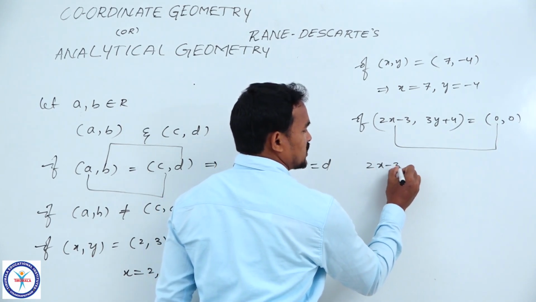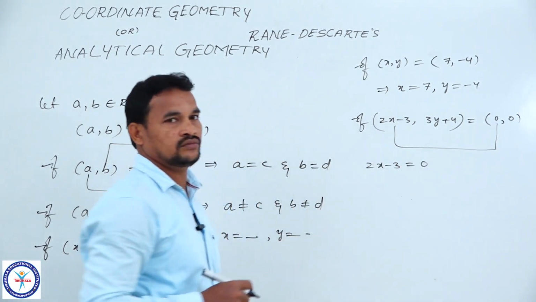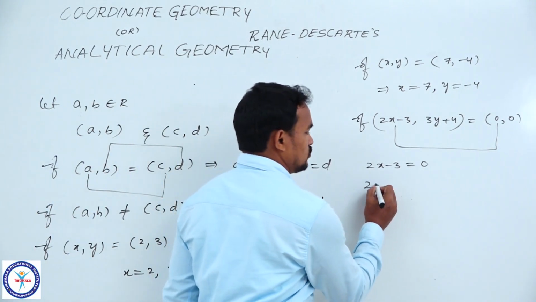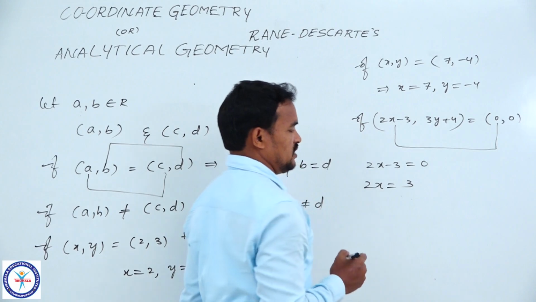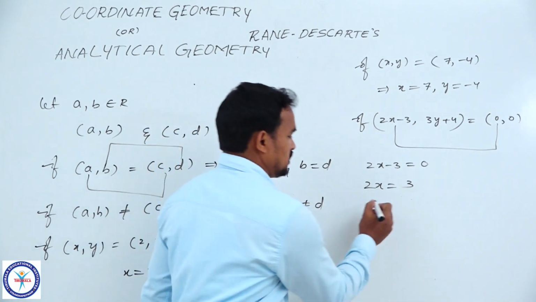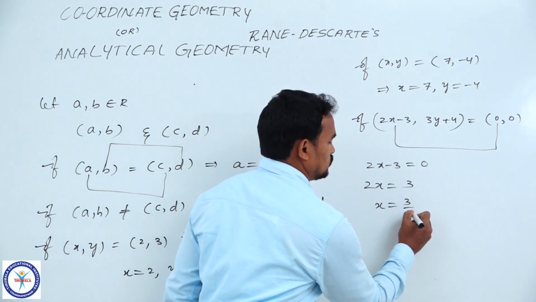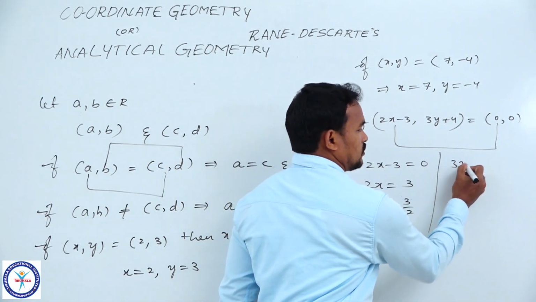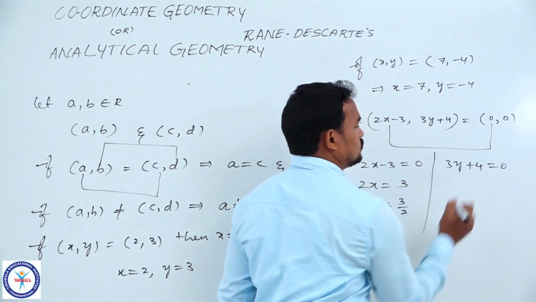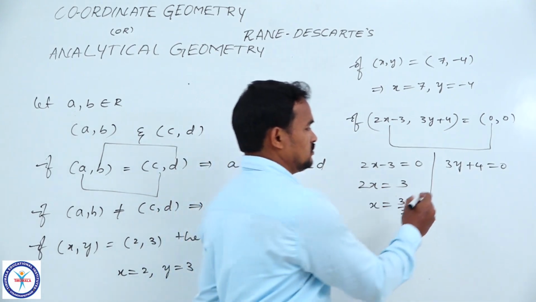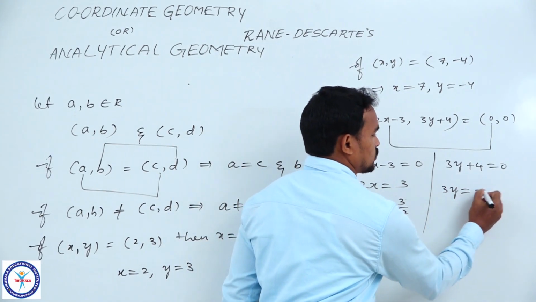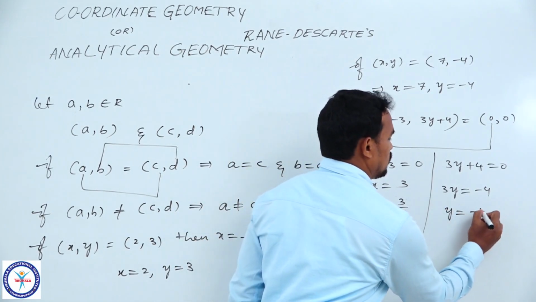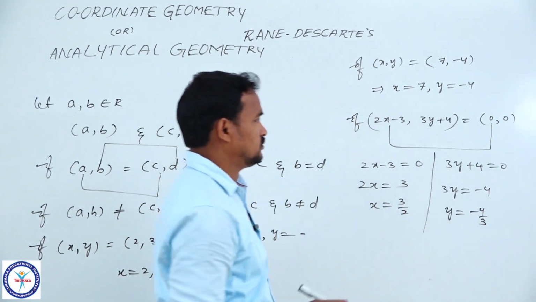So 2x minus 3 equals 0. Taking minus 3 to the other side, 2x equals 3. From this, x equals 3 by 2. Similarly, 3y plus 4 equals 0. Taking plus 4 to the other side, 3y equals minus 4, y equals minus 4 by 3. Okay?